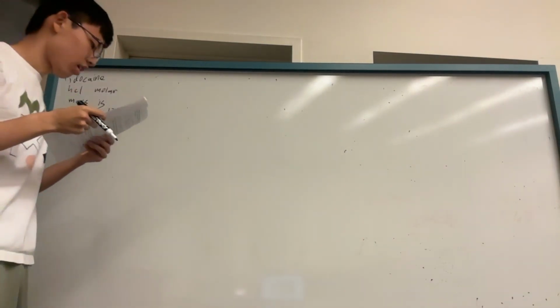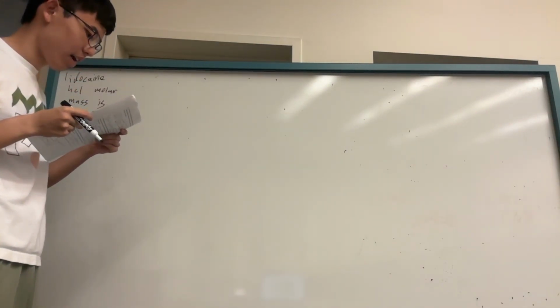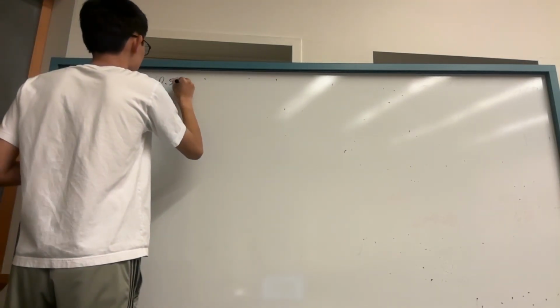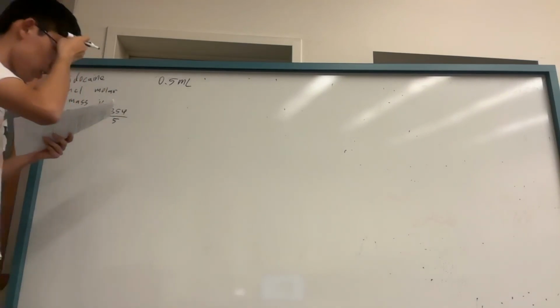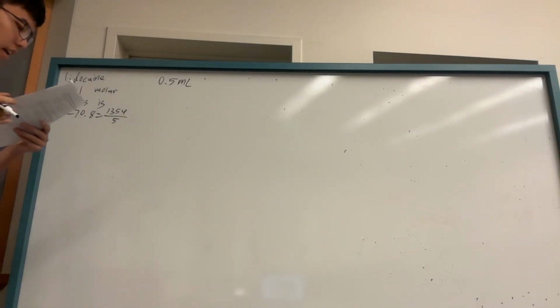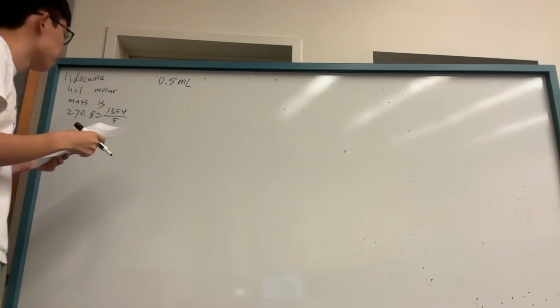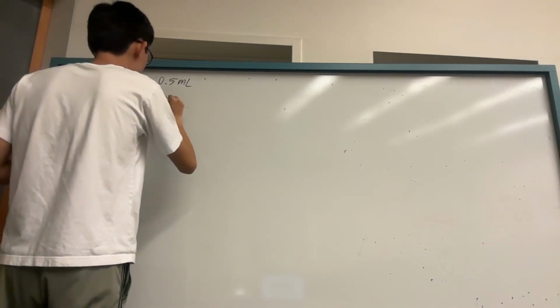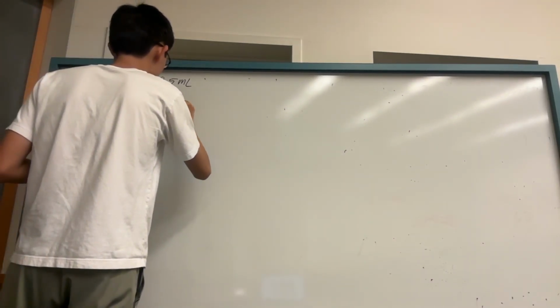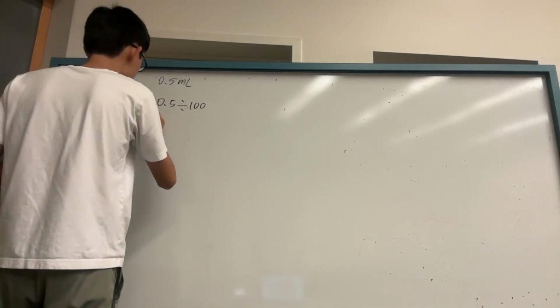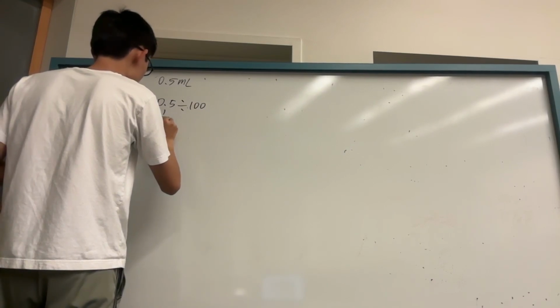A pediatric doctor gave a 7-year-old child 500 microliters, which is 0.5 milliliters, of 1% lidocaine HCl for a small surgical procedure. How many moles did the doctor give, and how many lidocaine molecules are given to the child? Okay, so 0.5 divided by 100 is equal to 1 over 200.